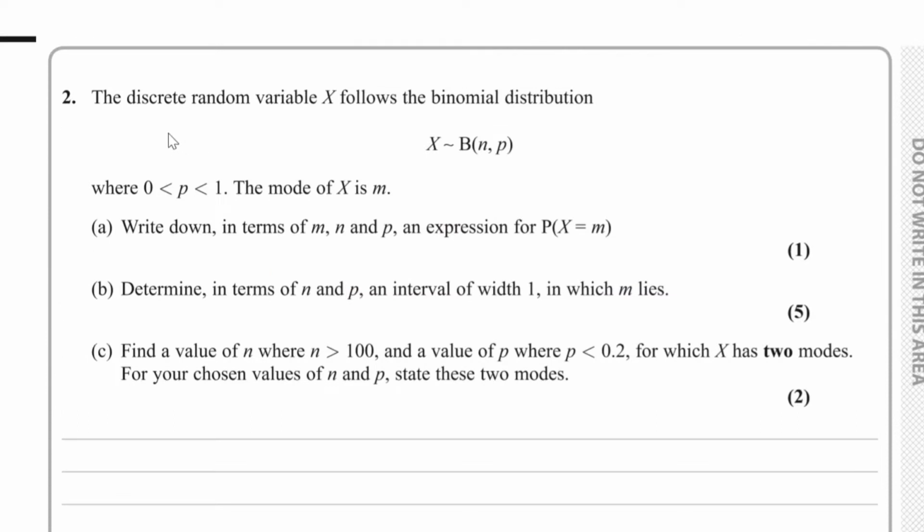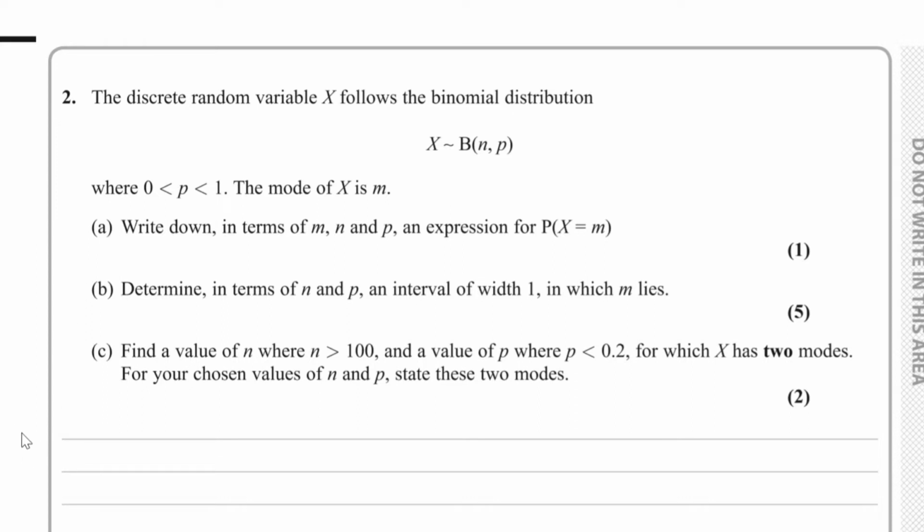Question 2. The discrete random variable X follows the binomial distribution with parameters n, p, where p is in between 0 and 1, and the mode of X is m. For part A, we have to write down in terms of m, n, and p an expression for the probability that X is equal to m.